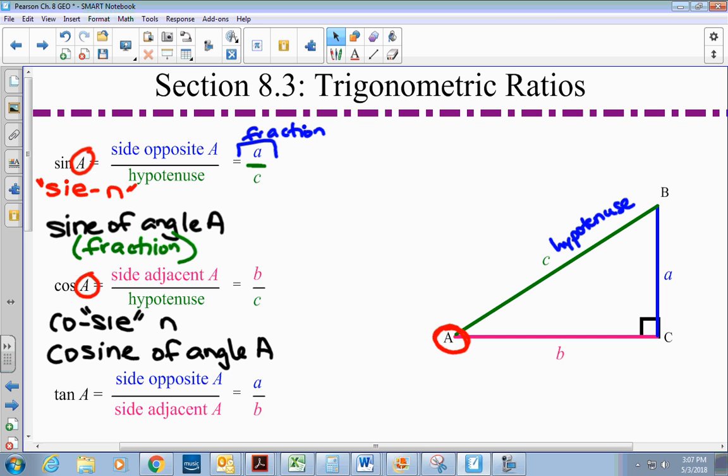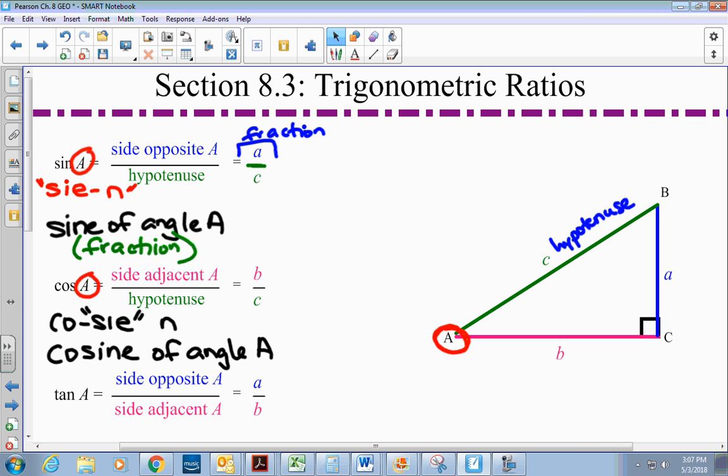So which one is the real adjacent? It's the one that's not the hypotenuse. We already know that this is the hypotenuse, so it does not get to be the adjacent.